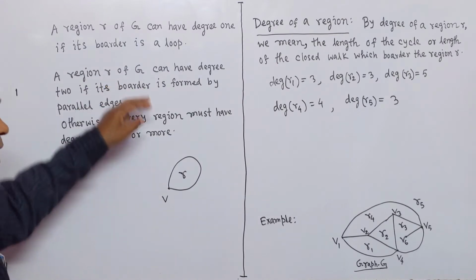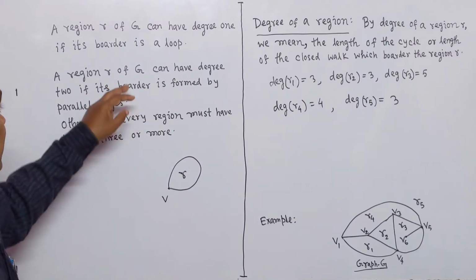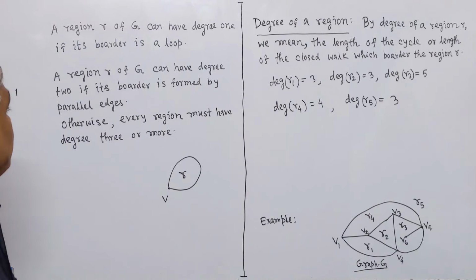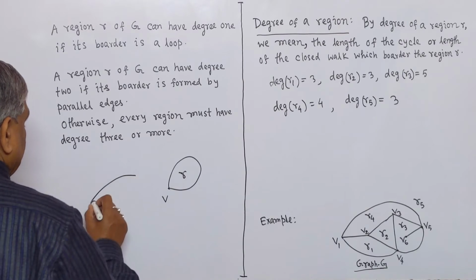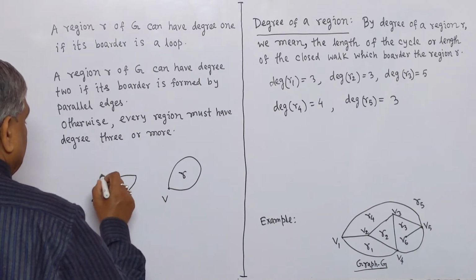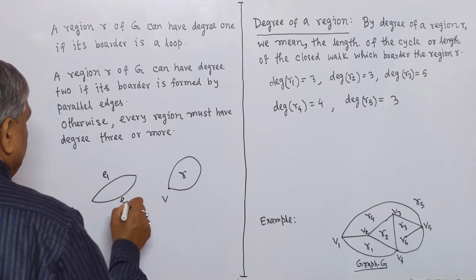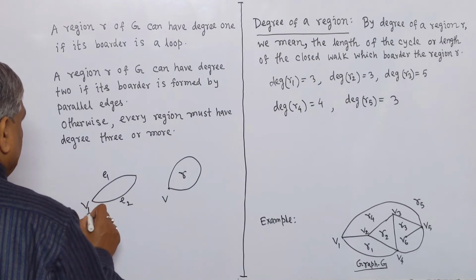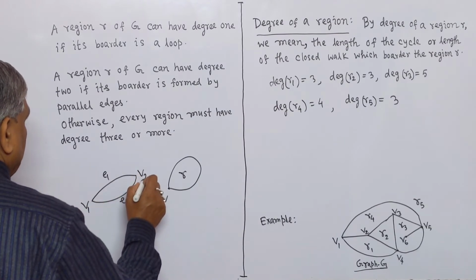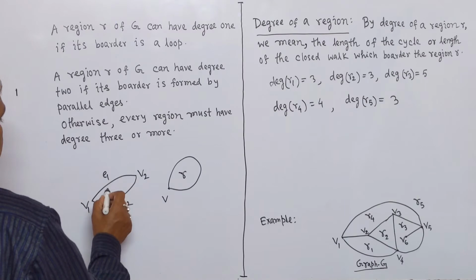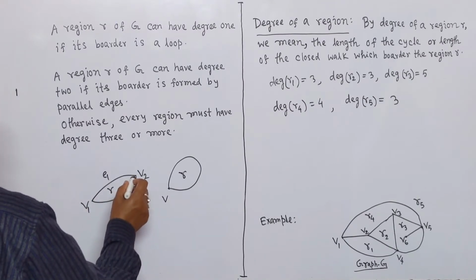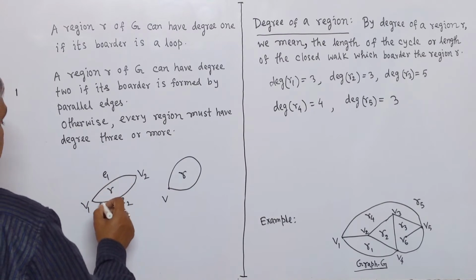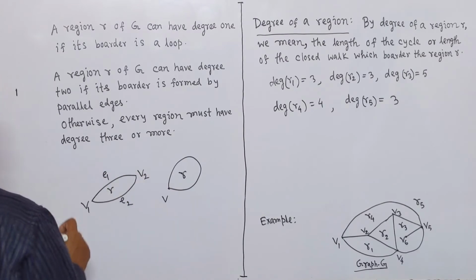A region R of planar graph G can have degree 2 if its border is formed by parallel edges, like this. Here edges are E1 and E2, vertices V1 and V2. Here this region R. Here the number of edges in the border is 2.